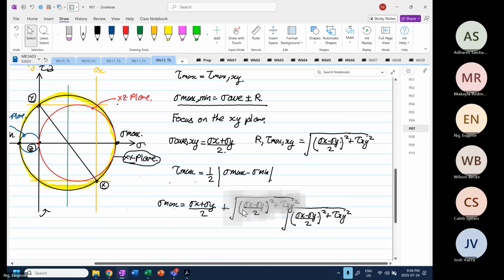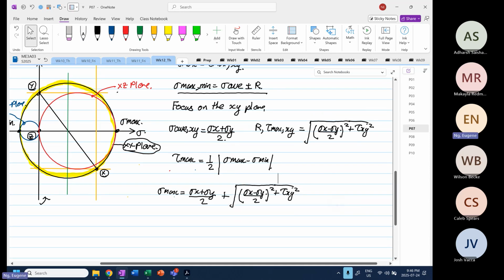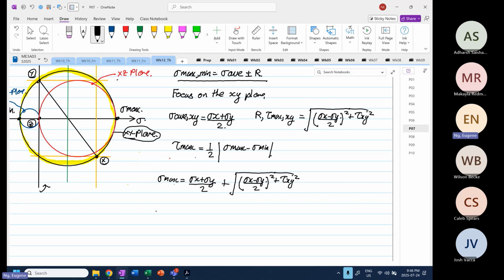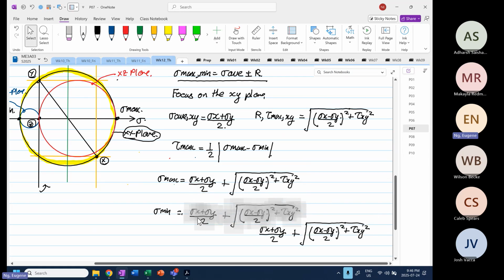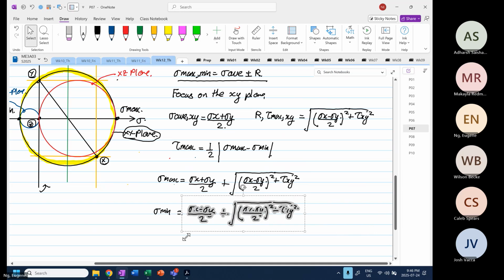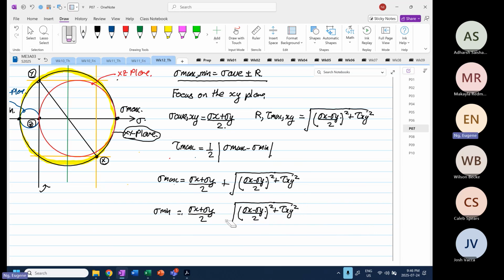And then stress mean will be equal to, again, this entire magnitude. All we need to do is change a minus sign down here.